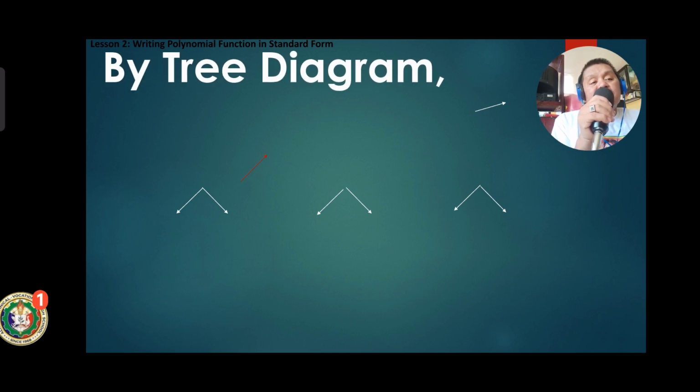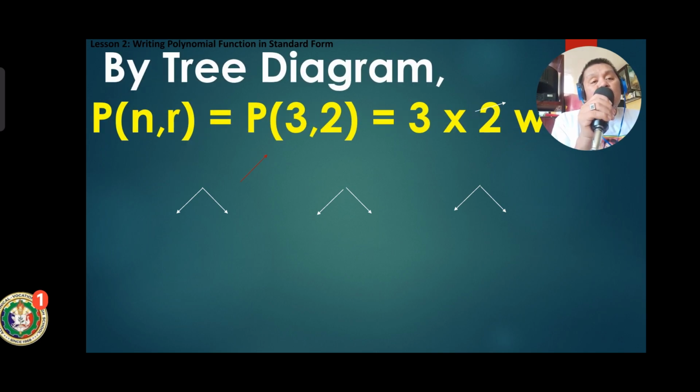By tree diagram, we have permutation of n objects taken r at a time, which is equal to 3 letters taken 2 letters at a time. So this will be 3 times 2 ways.